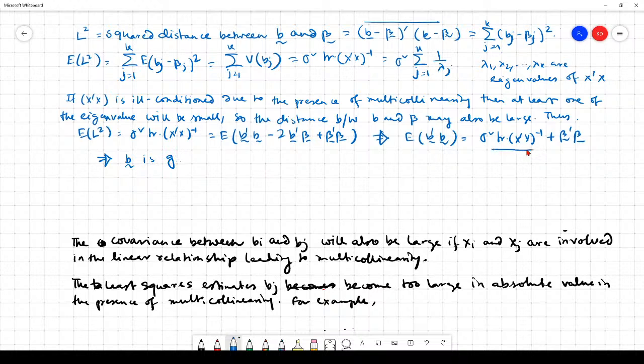Because this trace is very large, b curl is generally longer than beta curl, and this means the OLS estimators are too large in absolute value.